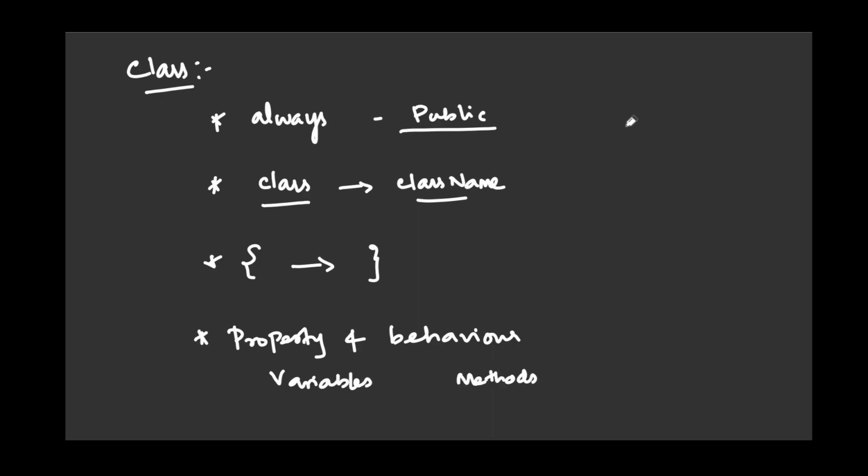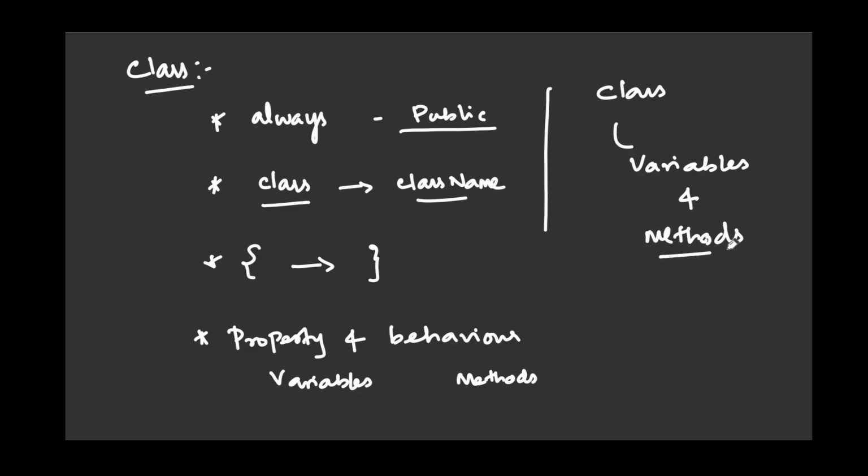To understand it better, I will say a class will have variables and methods. We will see some examples in an IDE so that you get an idea about how to create a class, what this property is, and what this method is.